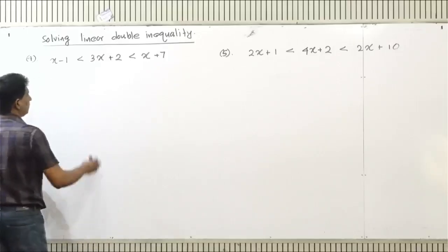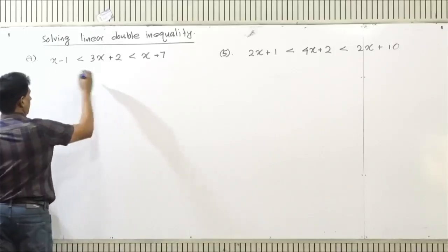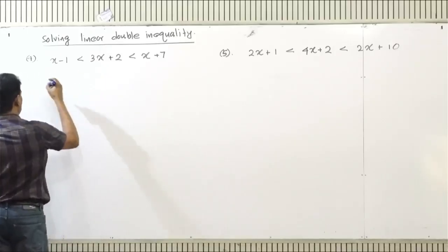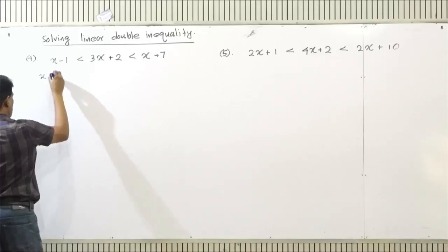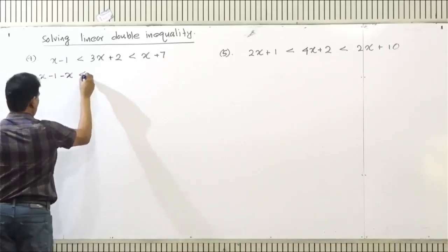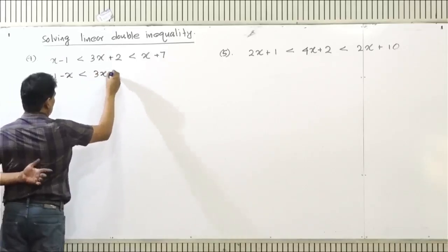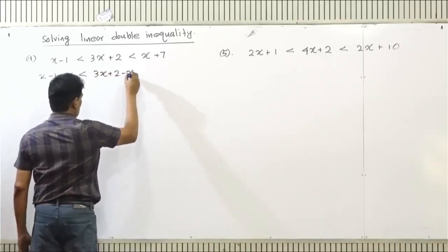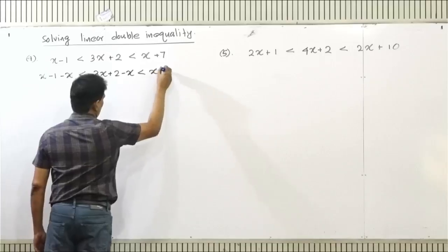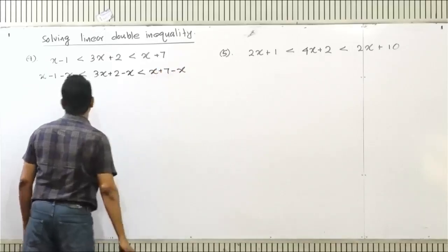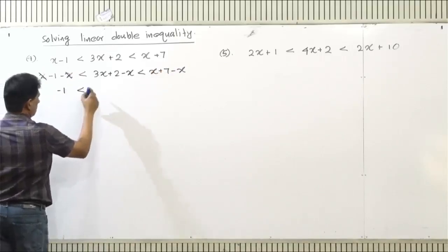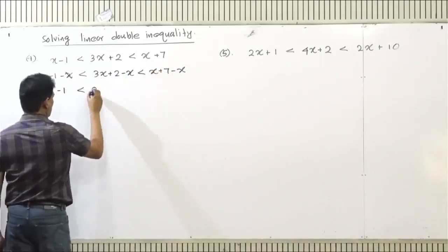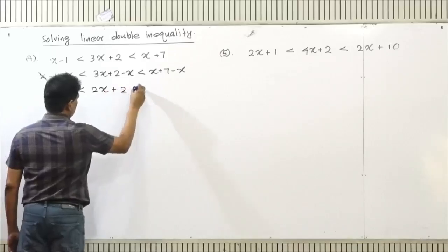Right. Now we have to subtract x from each and every side. Then this side x minus 1, we subtract x. Here 3x plus 2, we have to subtract x. Then positive x to negative x removed. 3x minus x means 2x plus 2.